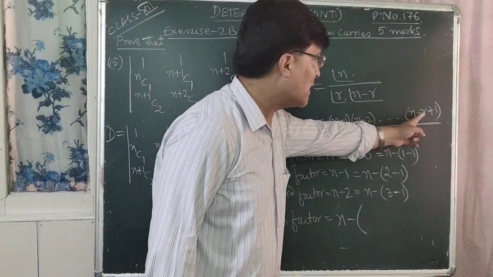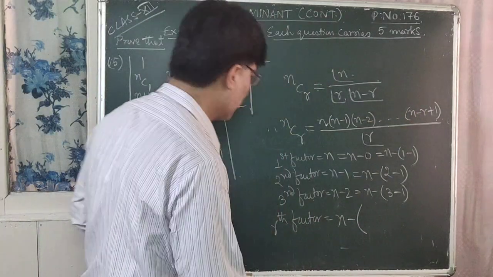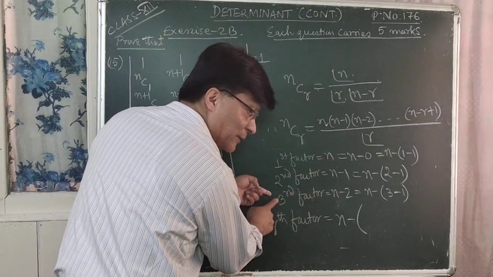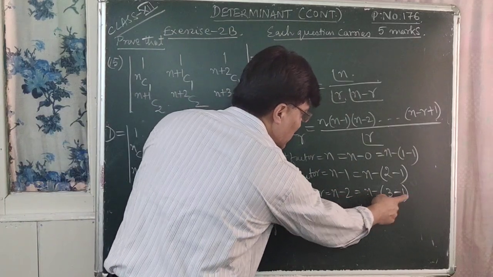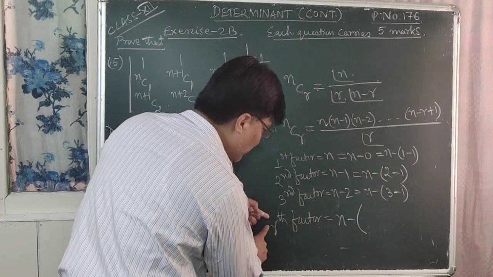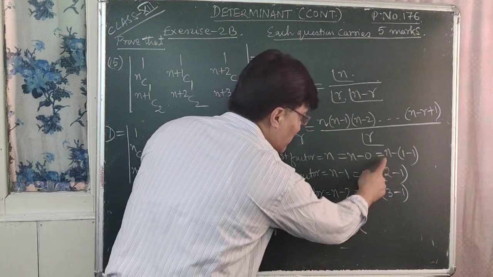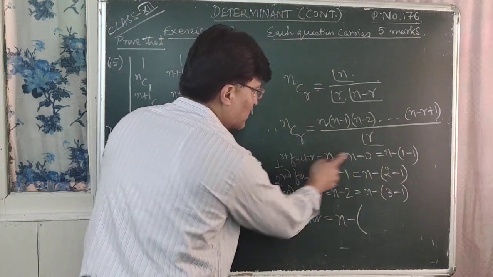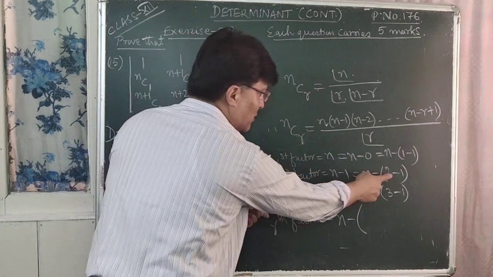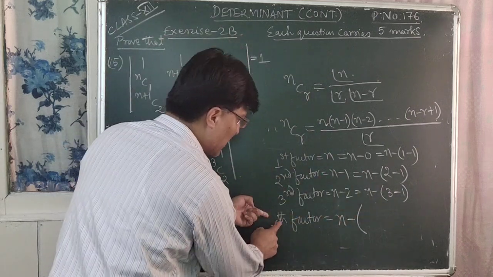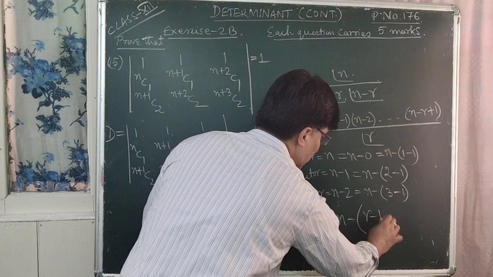This should be the rth factor, not the nth factor. Okay? So since this is the third factor, if it is 3, then this should be n minus 3 minus 1, right? But if it is the rth factor, what will you write? This n remains the same, minus within bracket. If it is the first factor, it is 1. If it is the second factor, it is 2. If this is the third factor, this is 3. If this is the rth factor, you should write r minus 1.